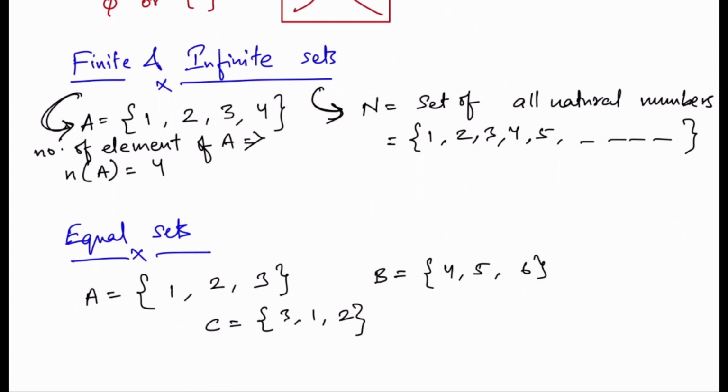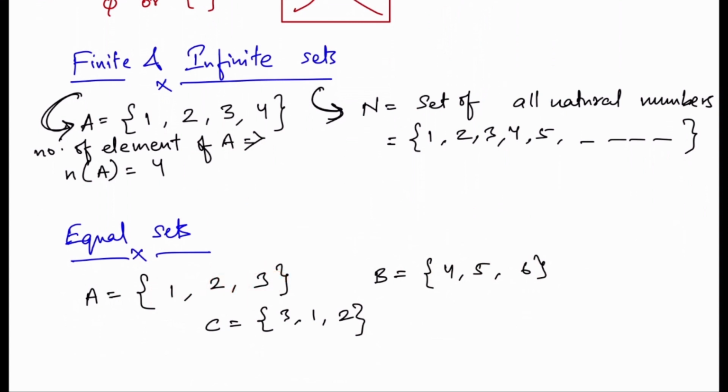If you check properly, element 1 is present in set A, but element 1 is not present in set B. So A and B are not equal, because A has elements that are not in set B. All the elements should be present in both sets.